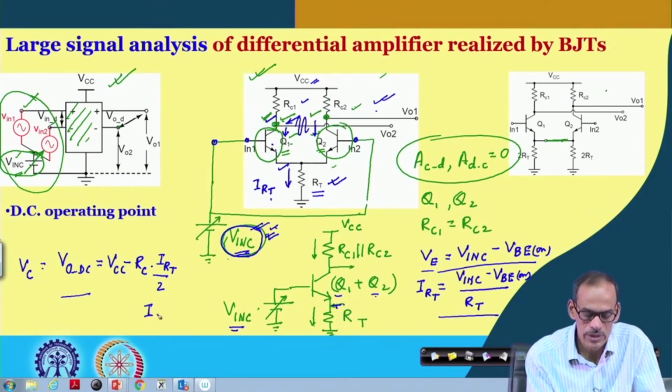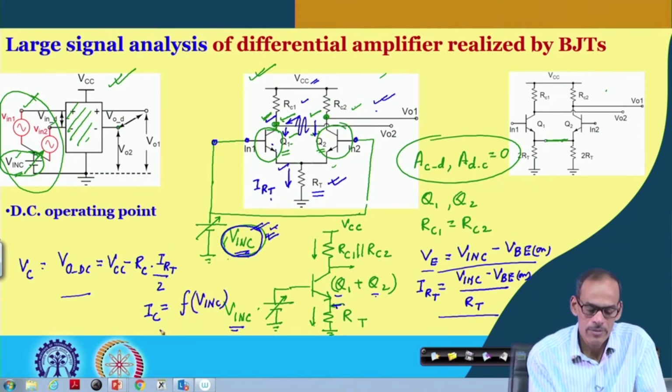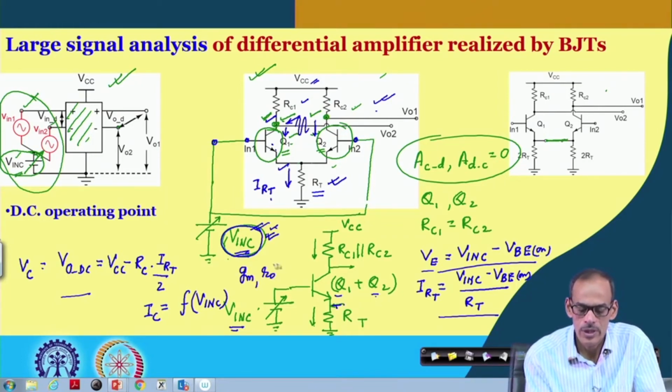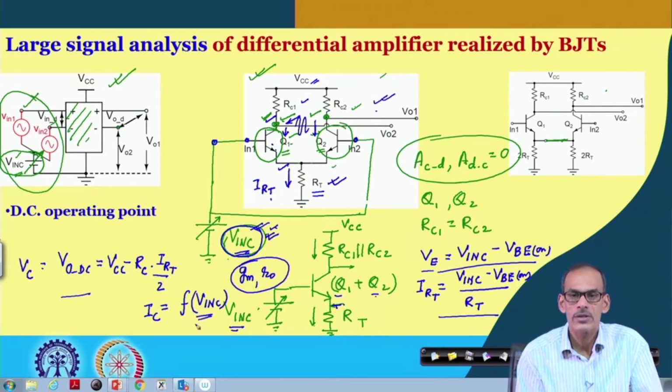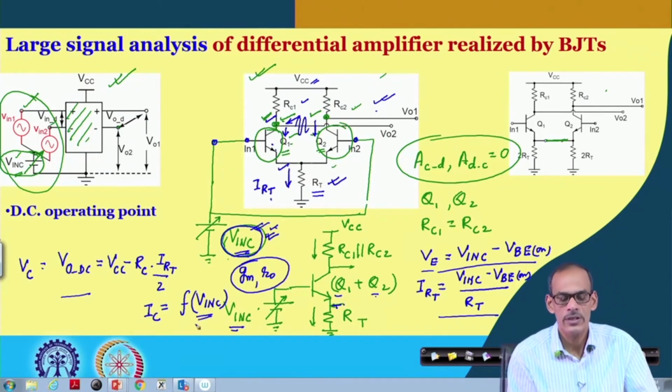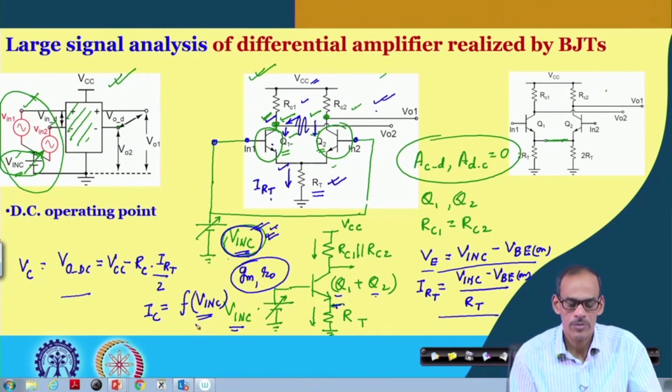So, the collector current is a strong function of V_inC, and hence all the small signal parameters, namely g_m and r_o, are strong functions of this voltage. But as long as the devices are in the active region of operation, typically they do not have any problem for proper functionality of the differential amplifier.